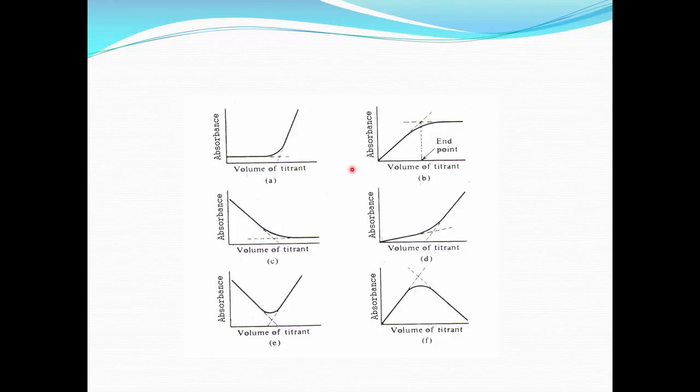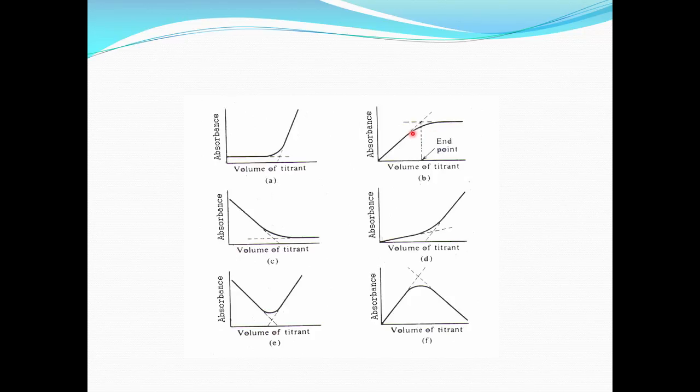So, this part B is another type of reagent where absorbance keeps on forming, and once all the titrant is used up, the addition of the chelating agent or coloring agent will not increase the absorbance, because there is no more metal ion to be reacted.